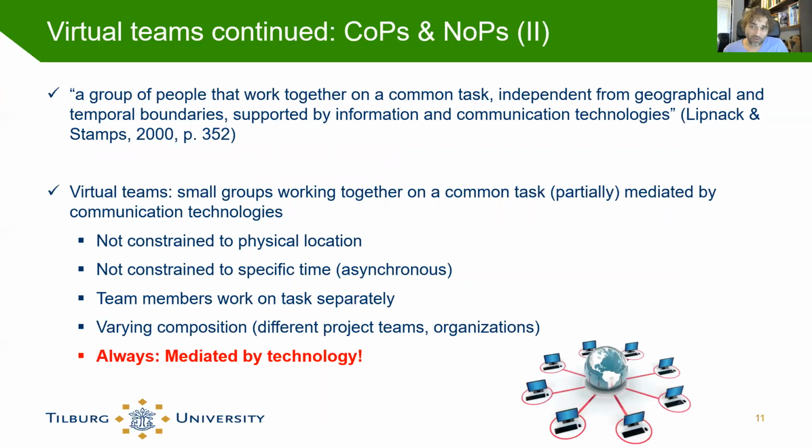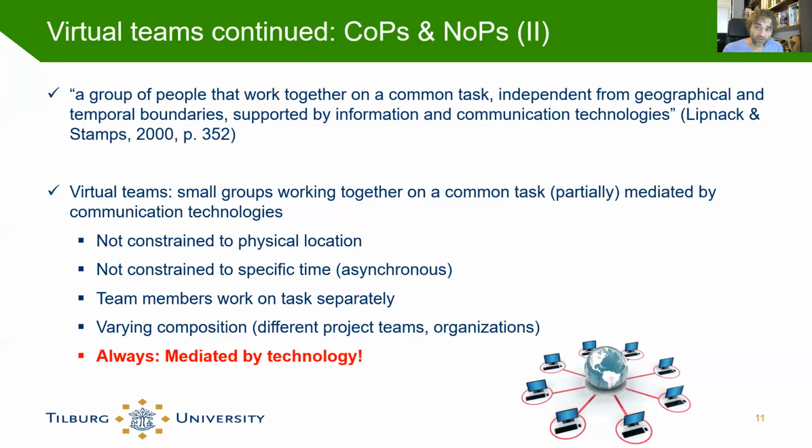So first of all, a community of practice is, this is the official definition, but you can basically see a community of practice as a large virtual team. So it's a group of people that work together on a common task, independent from geographical or temporal boundaries, supported by information and communication technology.